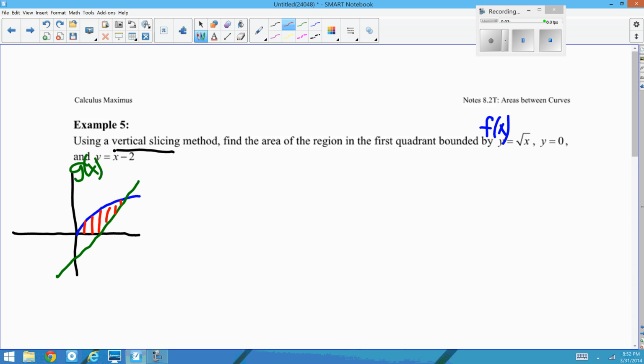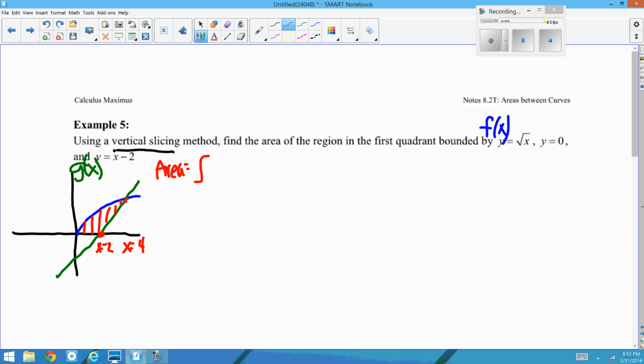If you weren't sure, this is x equals 2. This is the point x equals 4. You could do it by setting them equal to each other, or just logic here. So to find the area of this region, I should say what I'm doing, area equals, and also we didn't talk about the height.